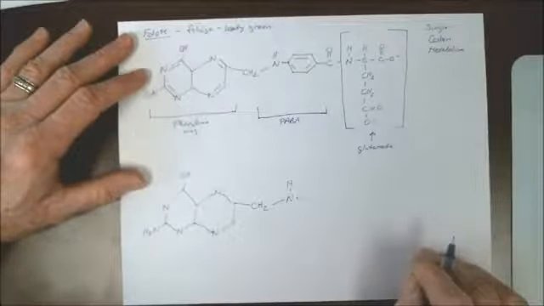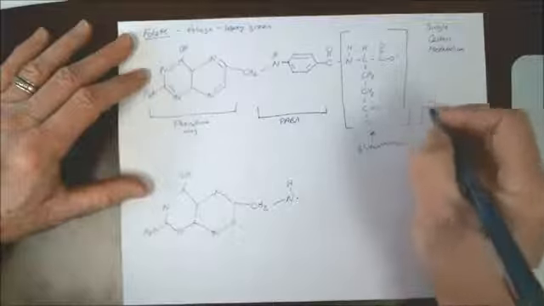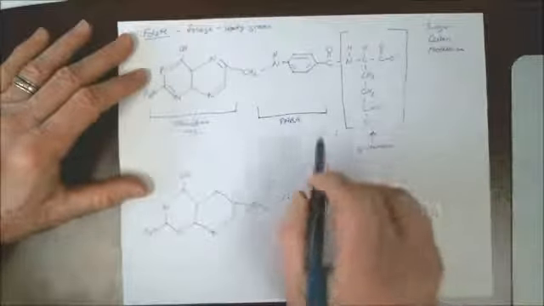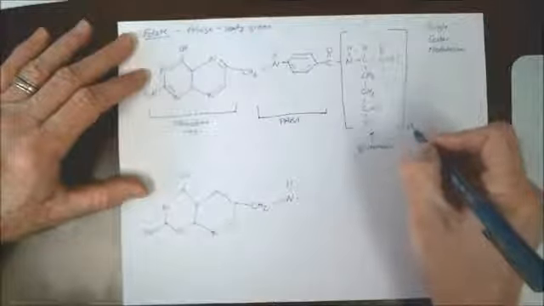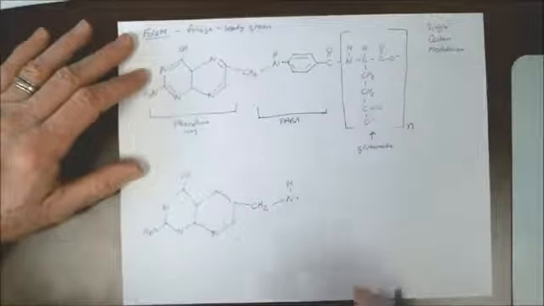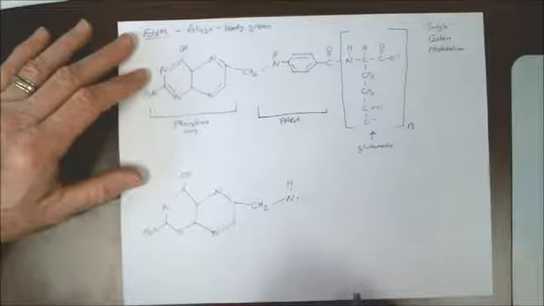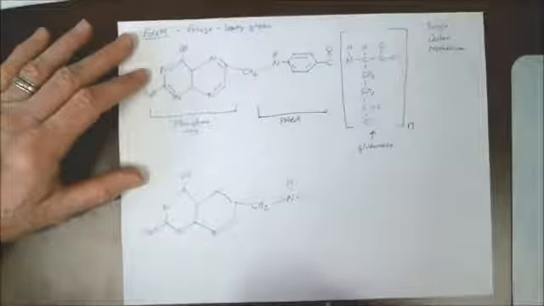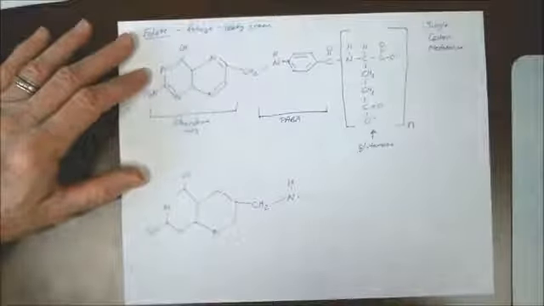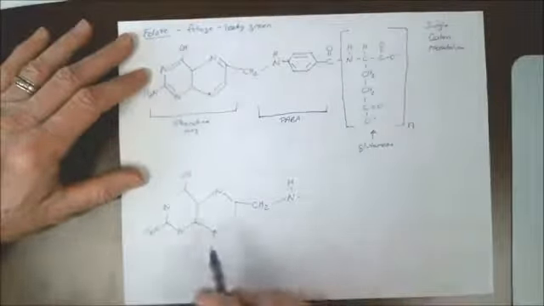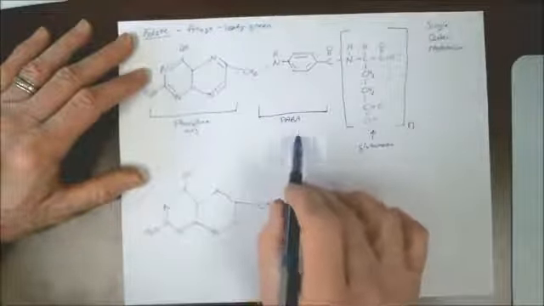Glutamate is going to be added onto the PABA ring on here, and there's a variable number, so that's why I have these brackets around it. And then I'm going to put the letter N here because the number of glutamate residues that are added can be variable. Okay, so that's about all we're going to talk about that end of the molecule. The single carbon metabolism, the business end, is on the left-hand side between the pteridine ring and the PABA structure.